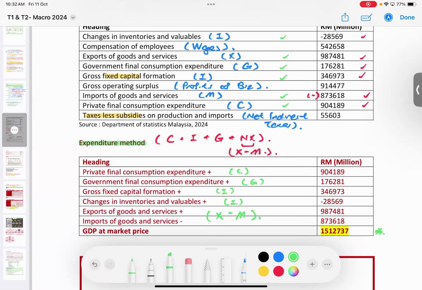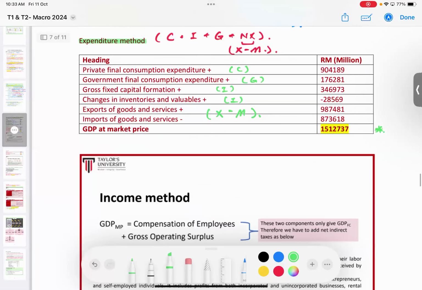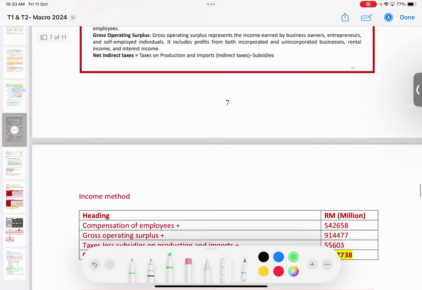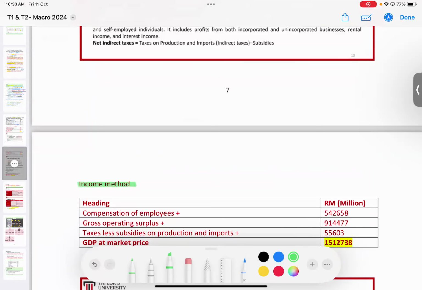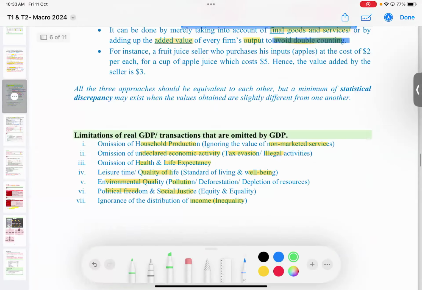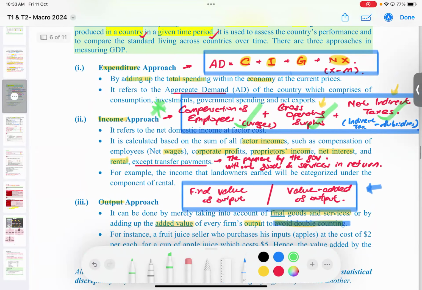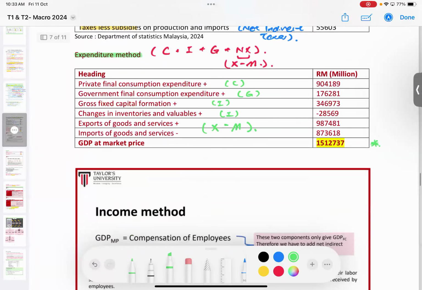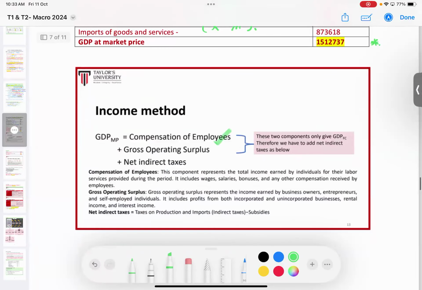Okay, next one, the income approach. That's why just now I asked you to write this formula. These three components, you find them, add them up, and you get the answers. I also put the notes here, income approach, these three components, in case you forget what it means. Very easy.